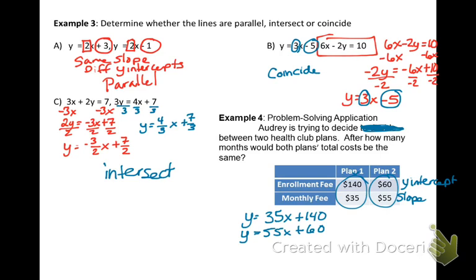The subtraction way, because I have it already written like that, is subtracting the equations. y minus y is 0 equals 35 minus 55 is negative 20x, plus 80, and then subtract 80 from both sides. So I have negative 80 equals negative 20x. So x would equal 4.